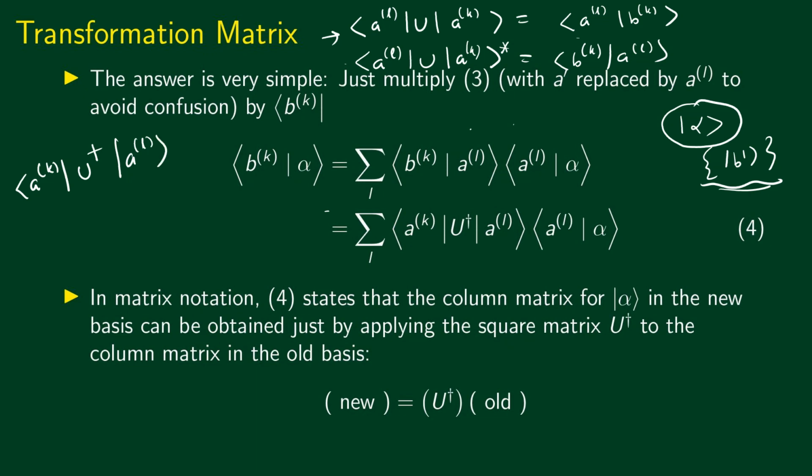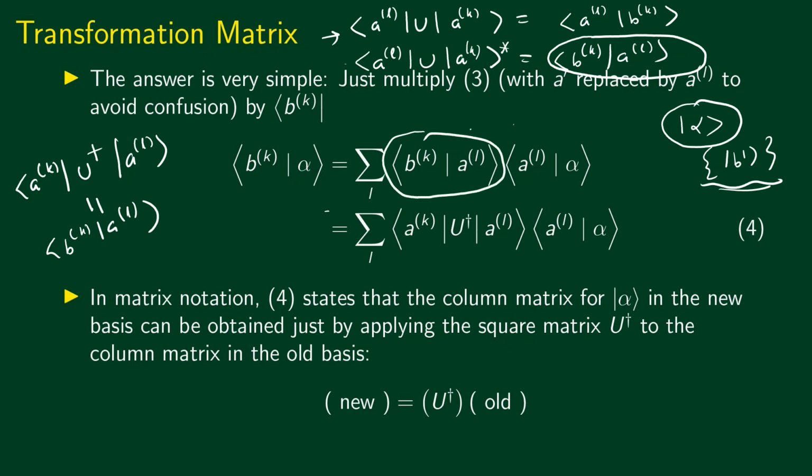So we see bra a_k U dagger a_l is actually equal to bra b_k ket a_l. Long story short, this bra b_k ket a_l is nothing but the matrix element of U dagger in the old basis.